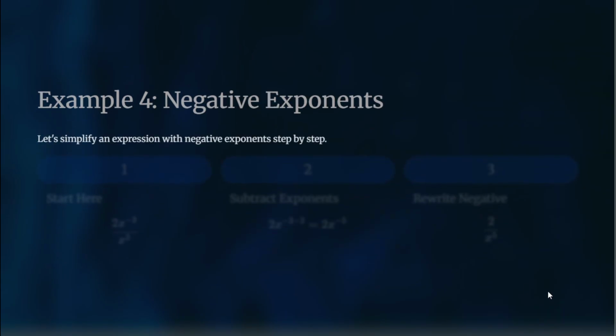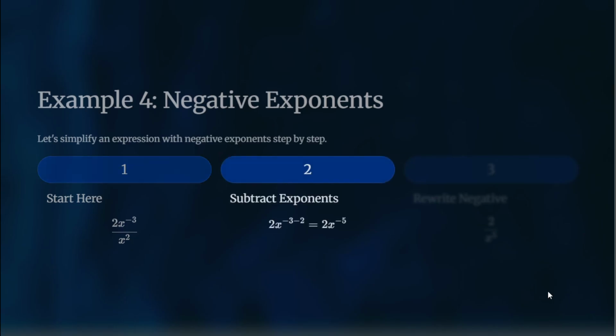Now let's simplify an expression with negative exponents step by step. We have 2x to the power negative 3 over x squared. So this is a quotient. Our 2 remains, but for x to the power negative 3 divided by x to the power 2, we can use the quotient rule.